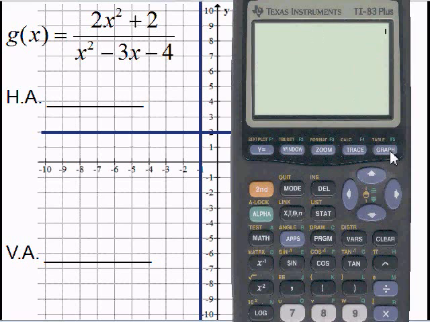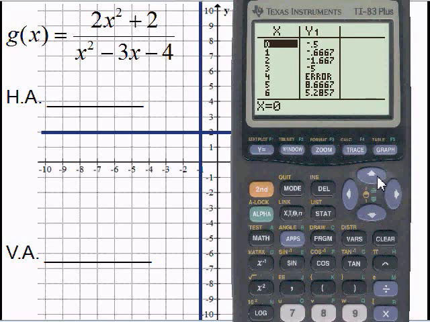Second, graph. And all I'm going to do is find a few points in each sector. In other words, -10 to -1. I'm going to graph a few of those points. So it looks like I got -10, 1.6, somewhere about there.